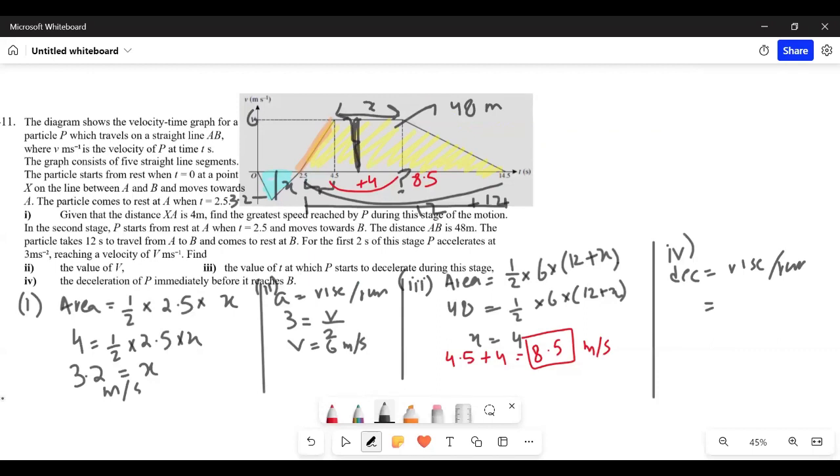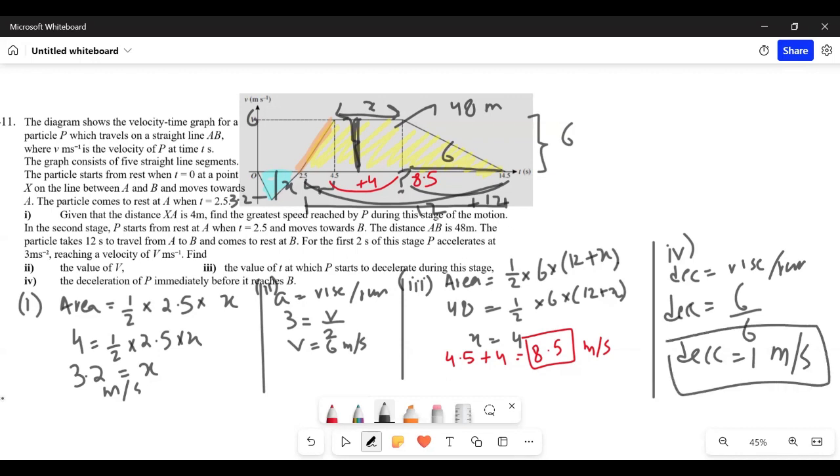The rise of the last part of the journey is the same 6, and the run is from 8.5 to 14.5, which is how many units? 6 units. So divided by 6, we get a deceleration of 1. With deceleration we don't write minus 1, because deceleration itself means a negative acceleration.